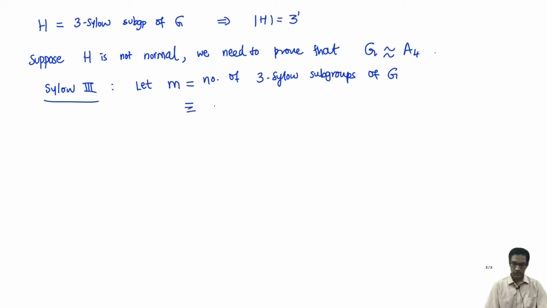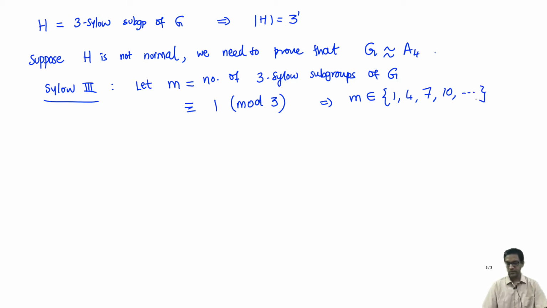What the third Sylow theorem says is that this number is congruent to 1 modulo 3. What that means is that it can take one of the following values: 1, 4, 7, 10, etc. It's one of these possible numbers congruent to 1 modulo 3.